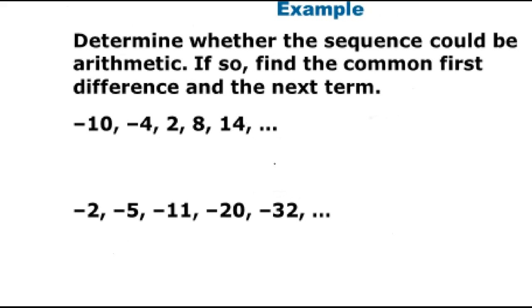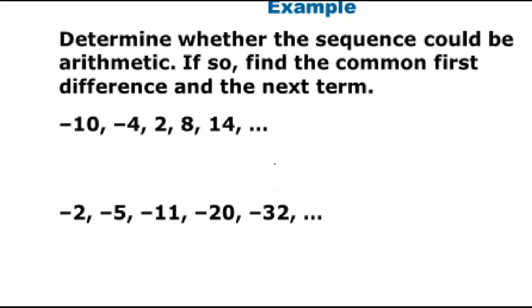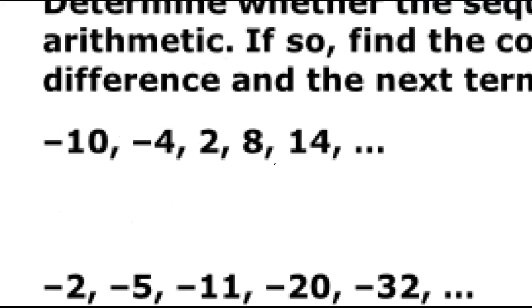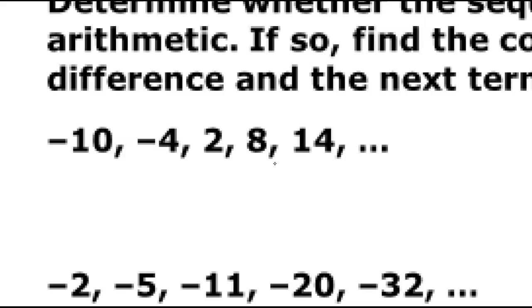We're being asked to determine whether the sequence could be arithmetic, and if so, find the common first difference and then the next term. So, what's happening going from negative 10 to negative 4? Negative 10 to negative 4. What are you doing?